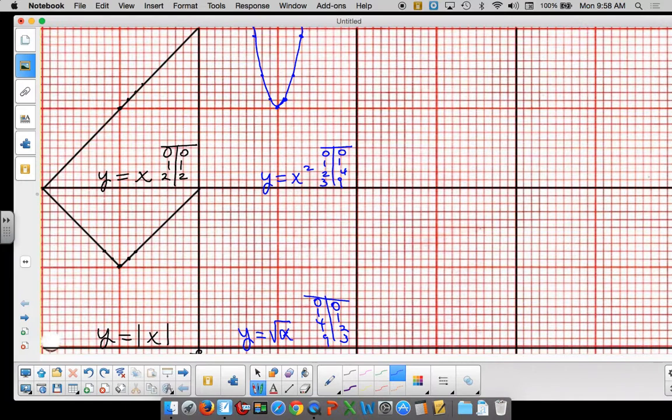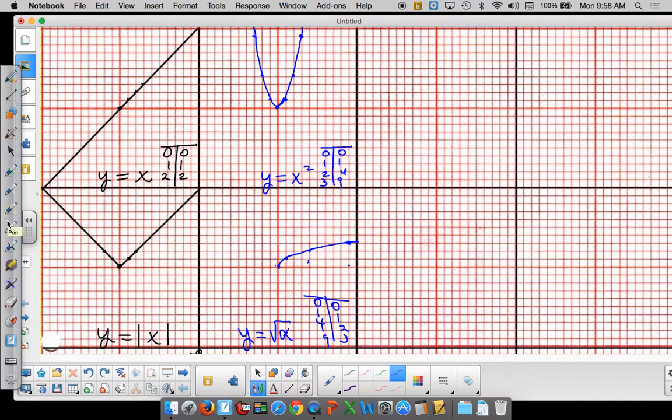We're going to go over a bunch and not up very much. So 0, 0, 1, 1, those two are always in everything, and then it's over 4, up 2, over 9, up 3. So we have our little half parabola going sideways.